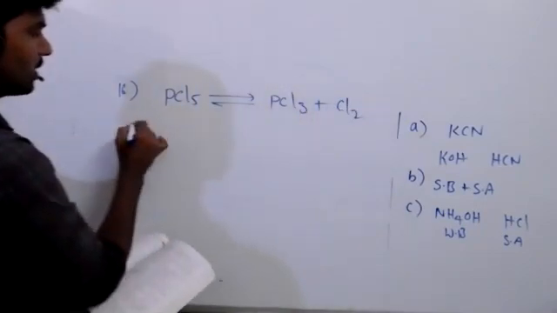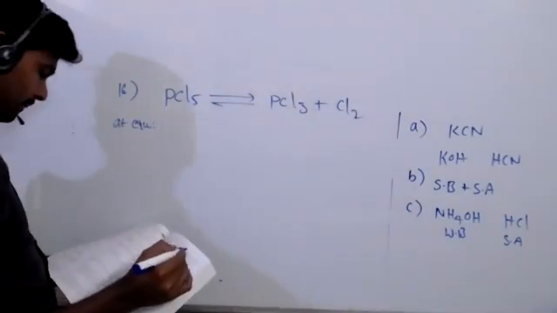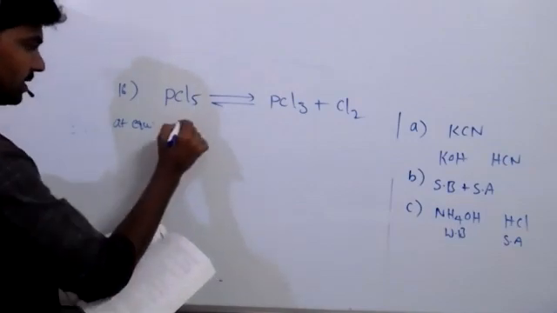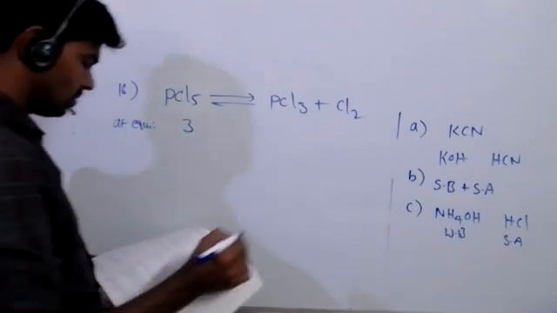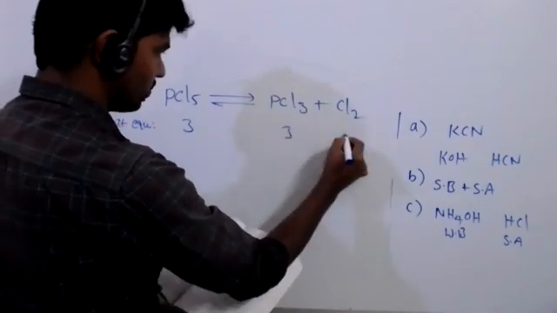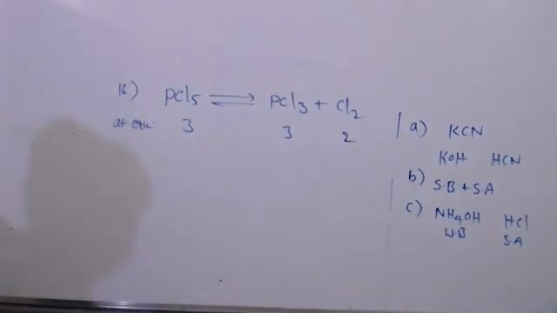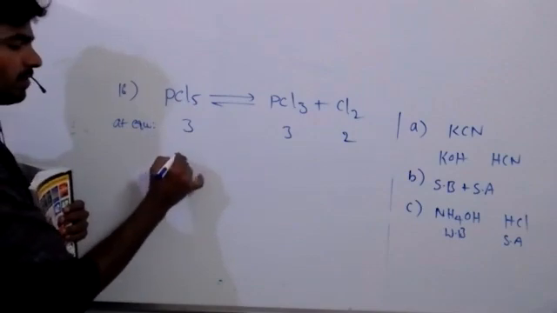So at equilibrium, their concentrations are given. 3 moles of PCl5, 3 moles PCl3 and 2 moles Cl2. At equilibrium the vessel has 1.5 mole of PCl5, so this became 1.5 mole only.